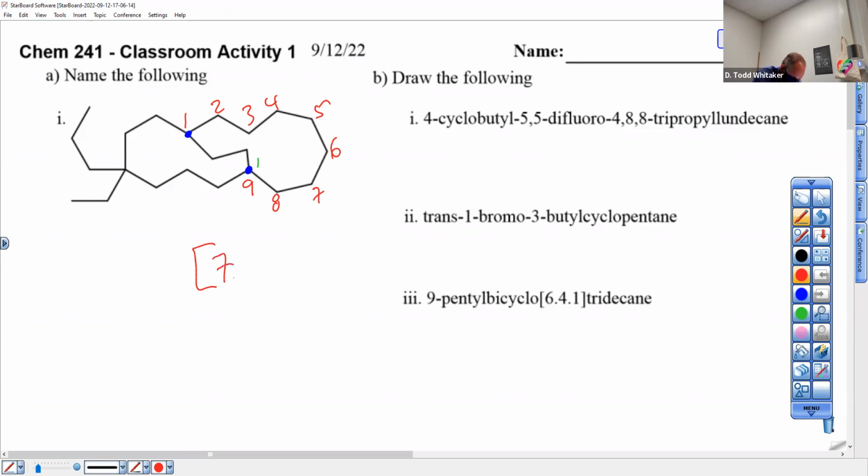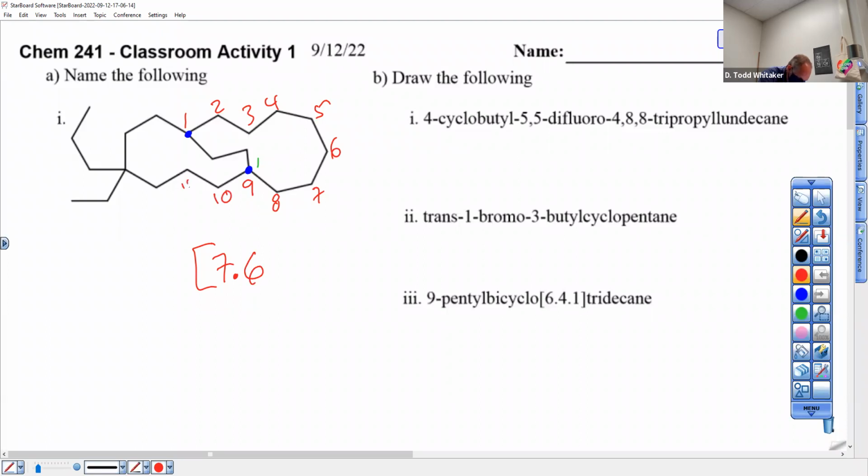There's a clue. How many carbons between 1 and 9 without counting 1 and 9? 7. Here they are. 1, 2, 3, 4, 5, 6, 7. How many steps getting back from 9 to 1 going this way? 1, 2, 3, 4, 5, 6.